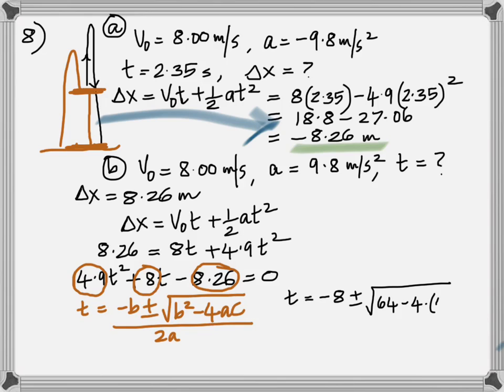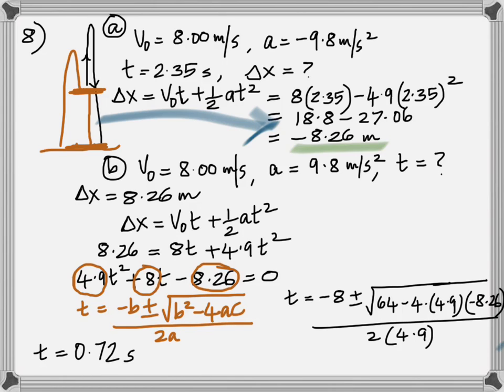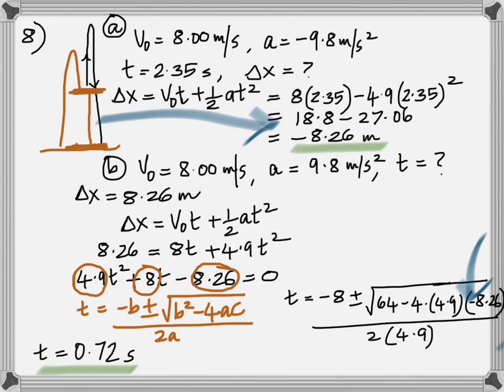Okay. So when you know that, you can easily solve this. Remember that you've got to consider their signs too. That's why, see, C is negative. Notice that. So you get 0.72 seconds.